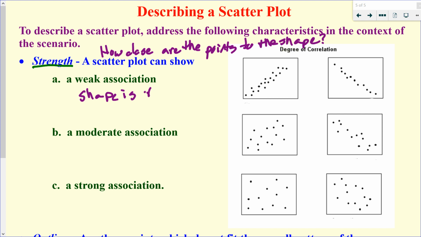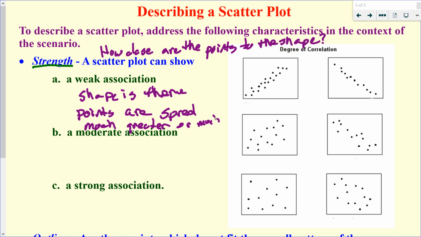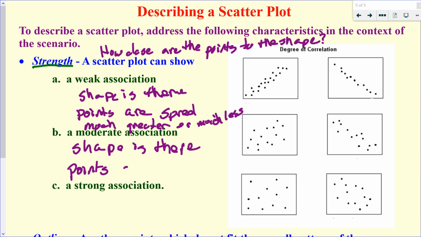The points are spread out much greater or much less. Okay, moderate association, shape is there. Points are closer to that curve.